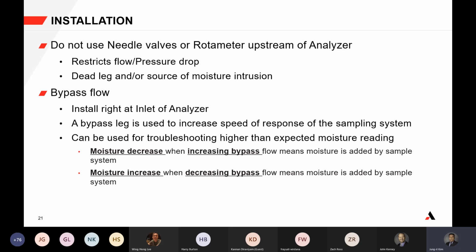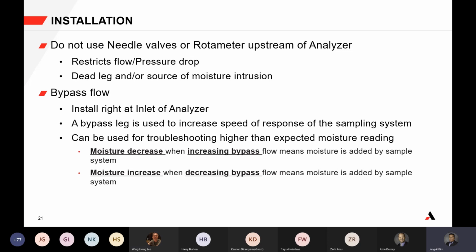In order to increase speed of response by increasing overall sample gas consumption, installing a bypass flow right at the inlet of the analyzer is recommended. This bypass leg can also be used to troubleshoot higher than expected moisture readings.